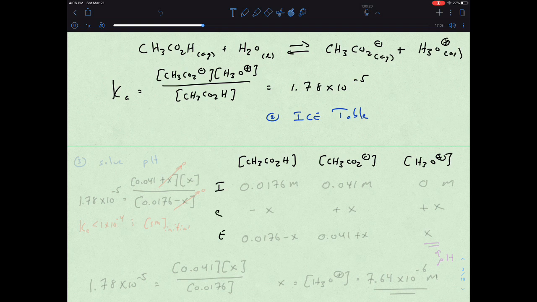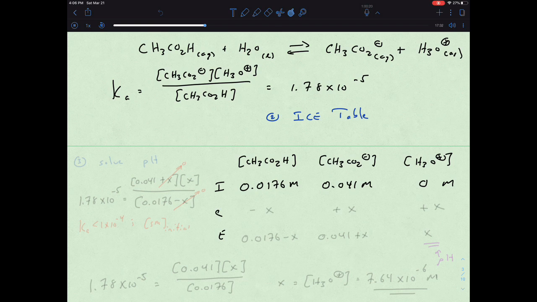And now initially we have those mole values that we saw earlier, the 0.0176 molar, the 0.041 molar, and then we would say nothing for the hydronium. Again, we are treating each particular part of this as a new question.